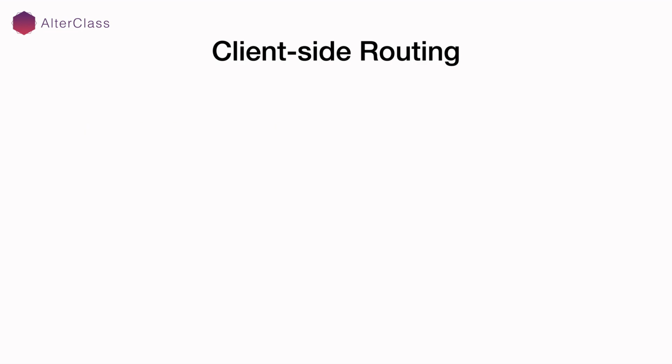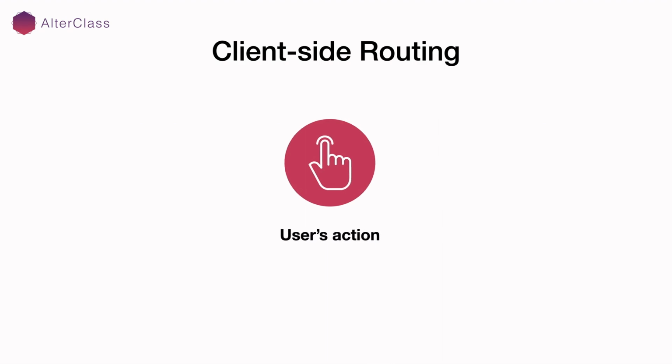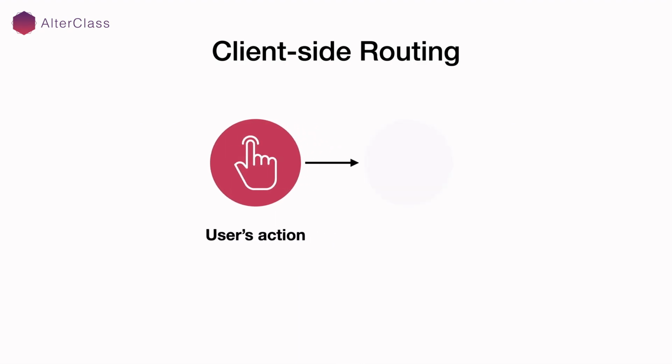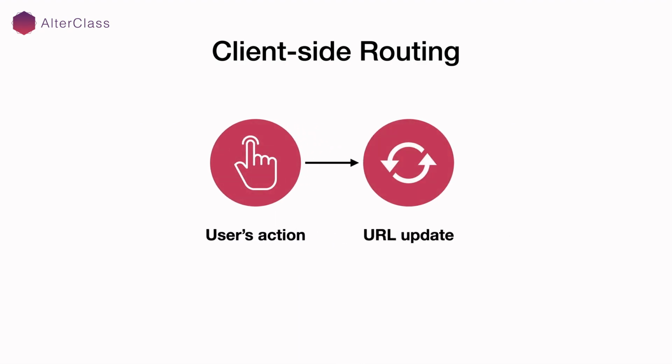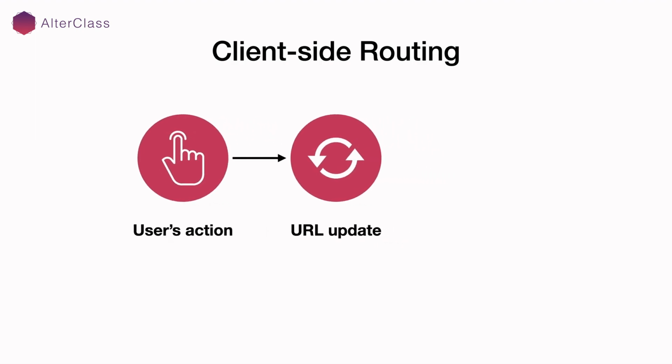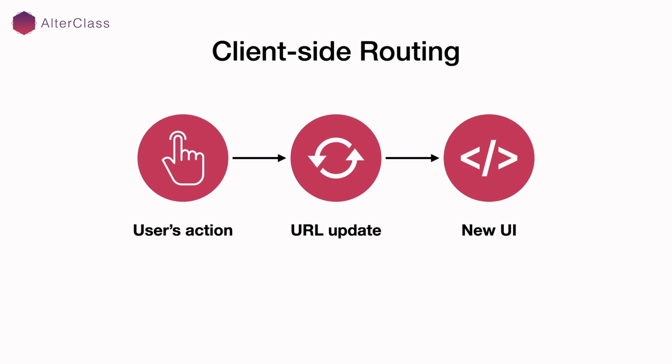In other words, when a user clicks on a link in your application, the URL changes, but we don't send any new requests to the server. Instead, the change to the URL updates the state of your application, which results in re-rendering the UI of the application after fetching new data eventually, which feels like navigating from one page to another.